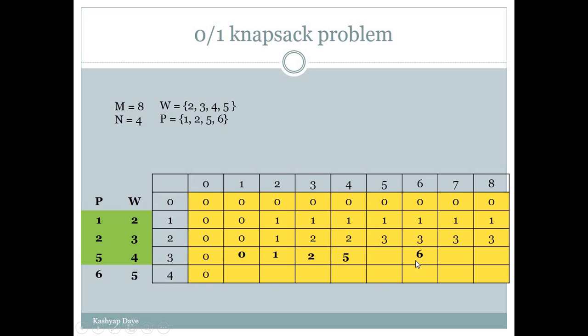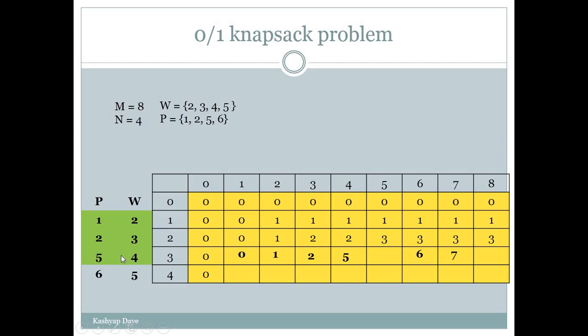So we will put 6 here. If we include 4 and 3, total weight will be 7. So by total 7 weight we can get total profit of 2 plus 5, 7. So for the weight 7 we will put our 7 here.